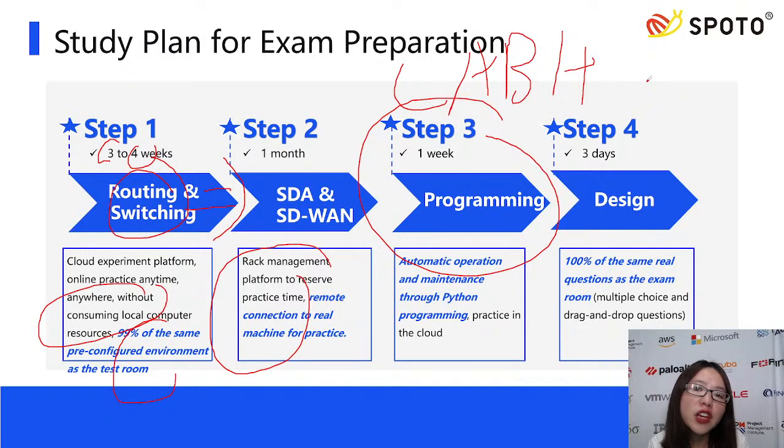The design material will be sent out 1 week before the exam. Of course, we will flexibly adjust the study plan according to the characteristics of each student. Some students have strong learning ability and can also take the exam within 1.5 months and pass the exam at one time.